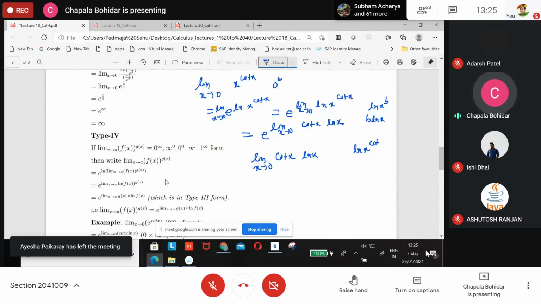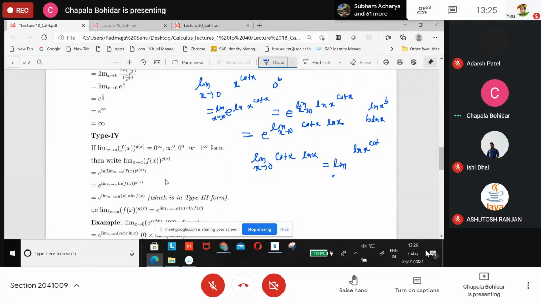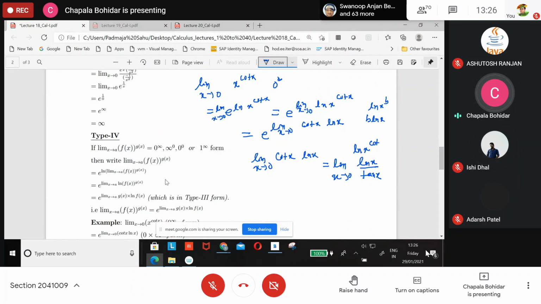So I can write down limit x tends to 0 of ln x by tan x, since cot x is 1 by tan x. Again, it is undefined, so apply L'Hospital rule.